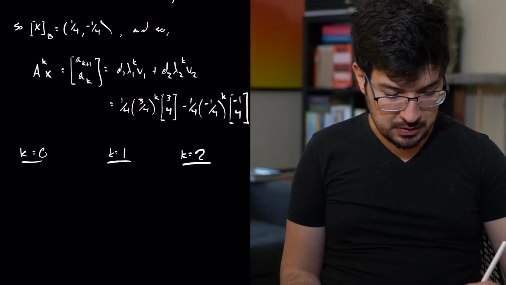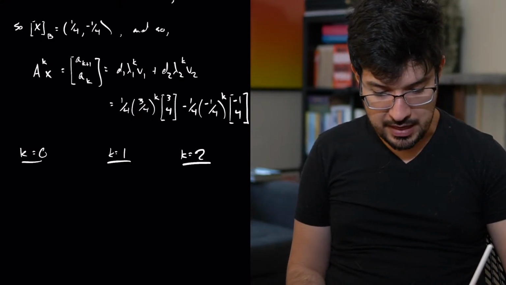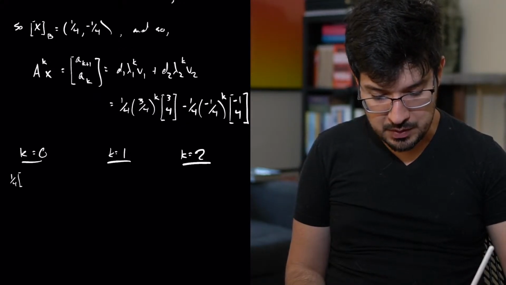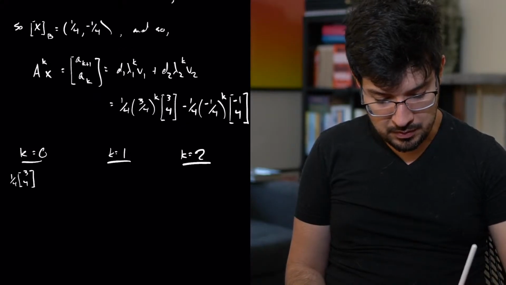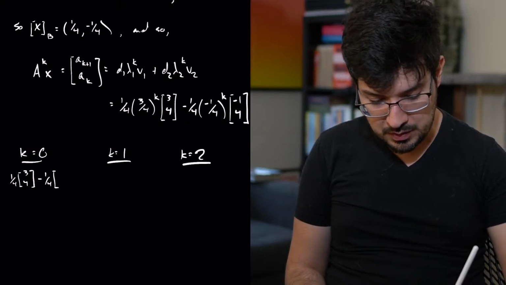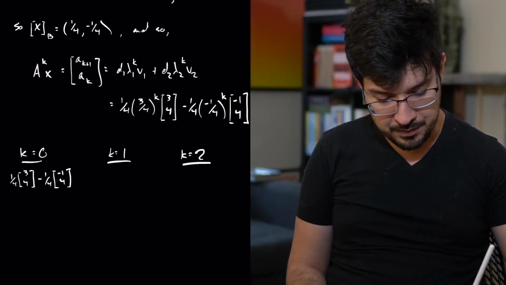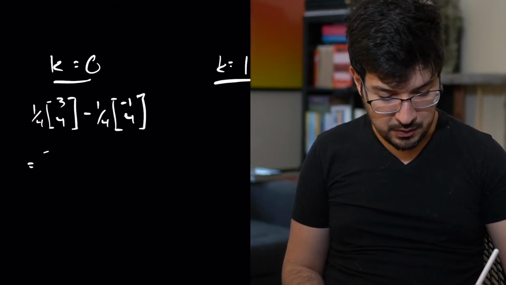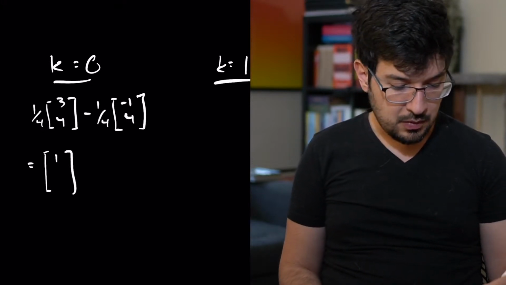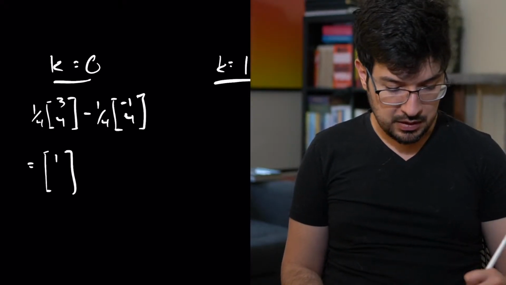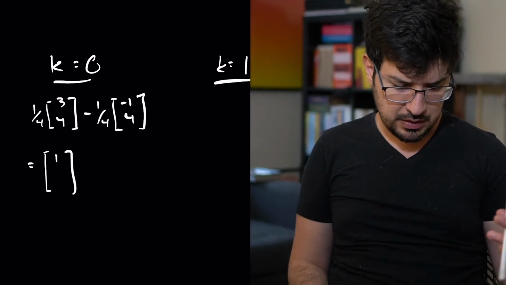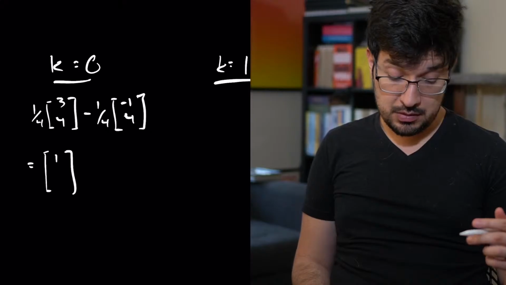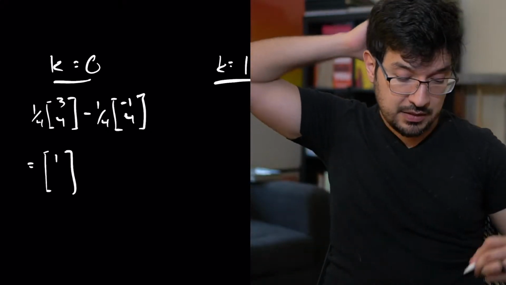If k is 0, then the right-hand side equals 1/4 times 3, 4 minus 1/4 times negative 1, 4. 3/4 plus 1/4 is 1. 1 minus 1 is 0.